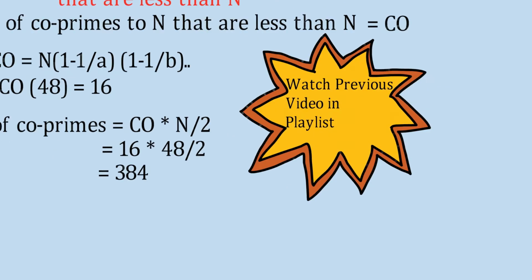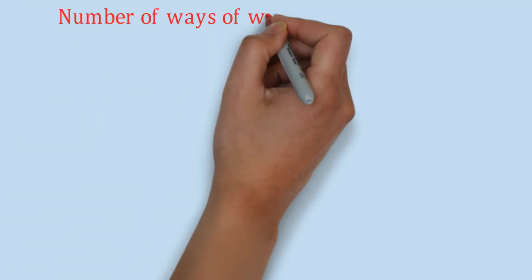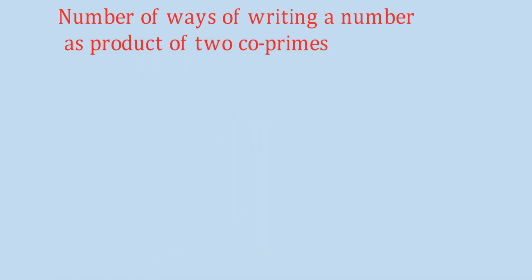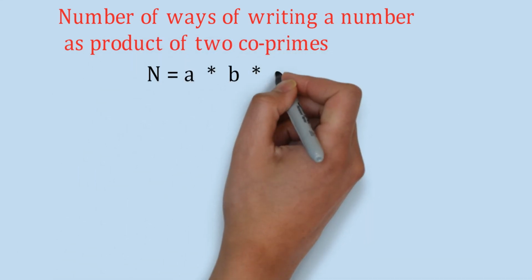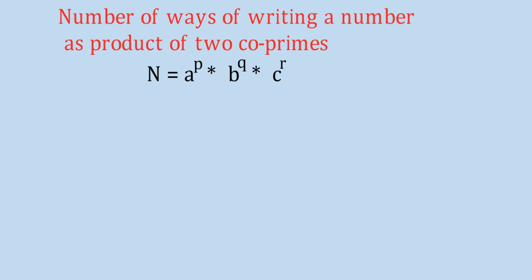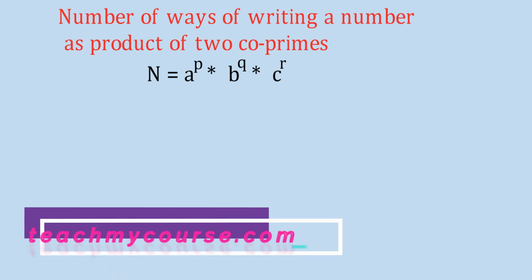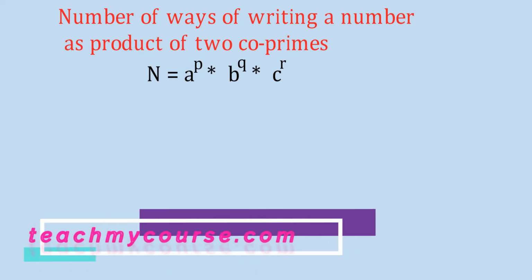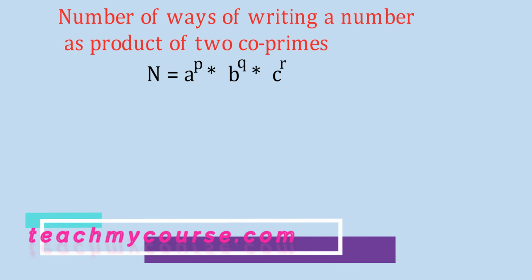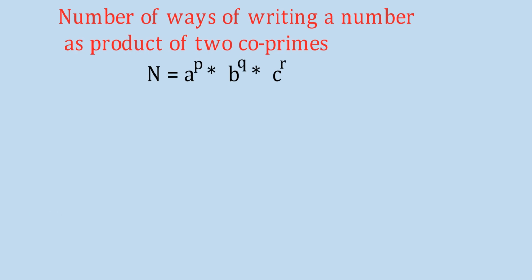Next is the number of ways of writing a number as a product of two coprimes. In how many ways can we write a number as a product of two coprimes? Let the number N equal a raised to the power p into b raised to the power q into c raised to the power r, and this is the standard form. We know that a, b, c are prime factors here.